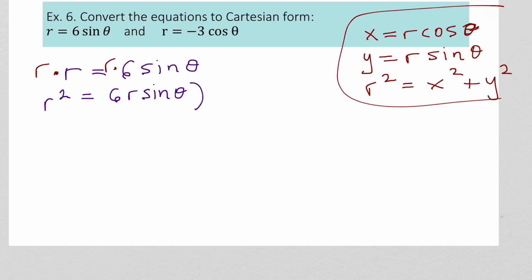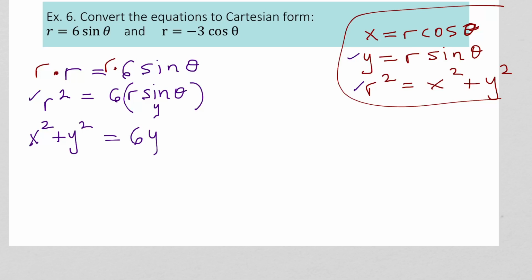Okay, so now we know right here we have y from this relationship. And over here we know we have x squared plus y squared from this relationship. So let's substitute x squared plus y squared for r squared and substitute y for r sine of theta. All right, now from conics we know that this is an equation of some sort of conic.